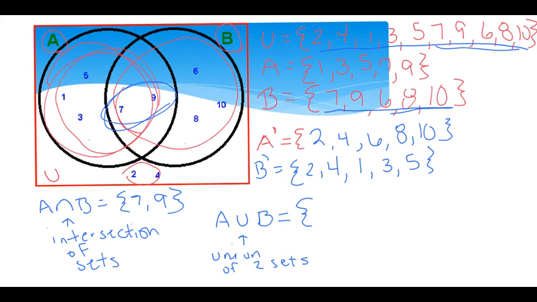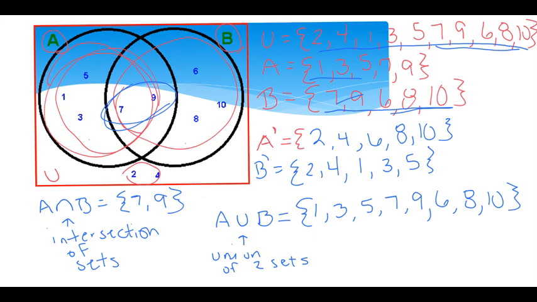Here I would start with A and list all of those elements: 1, 3, 5, 7, and 9. And then go to B. I've already listed 7 and 9, so I don't have to list them again, but I'll have 6, 8, and 10. And that's the union. With union, I typically think of a marriage, two people coming together, so they combine all of their stuff together. So the union, you put everything together.